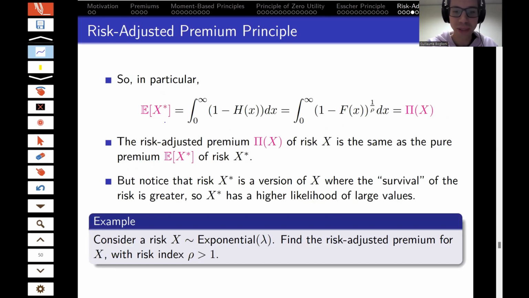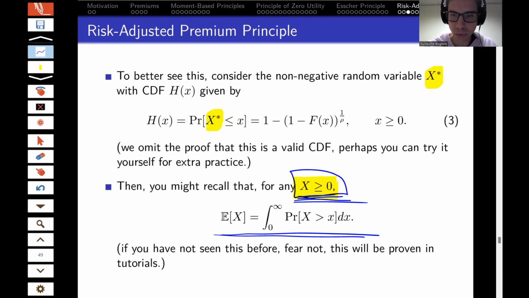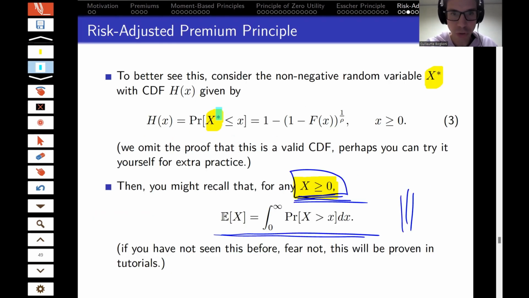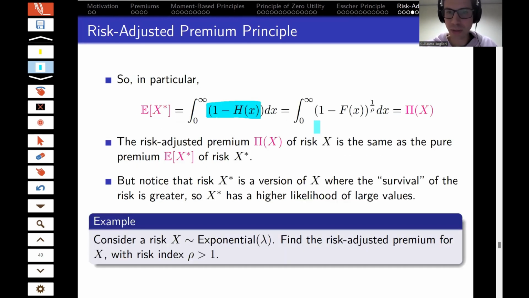The expectation of X star, what would it be? Using this trick, it's just the integral from 0 to infinity of the survival function, 1 minus the CDF H of X star, which we constructed to be this. So 1 minus H of x will give us 1 minus F to the 1 over rho.